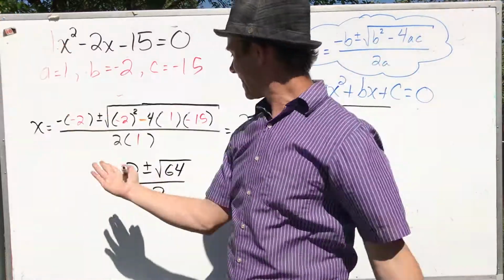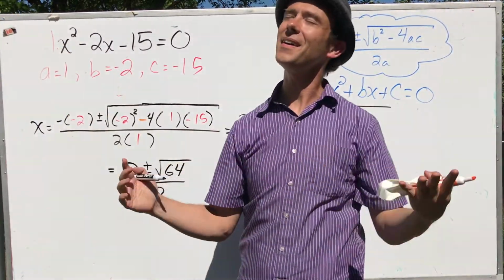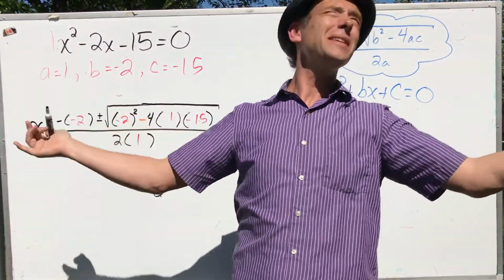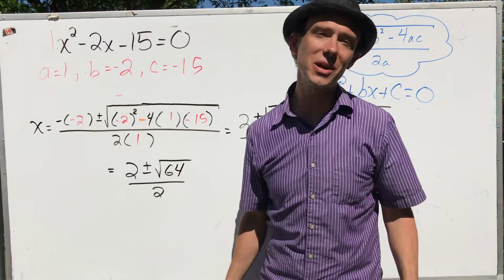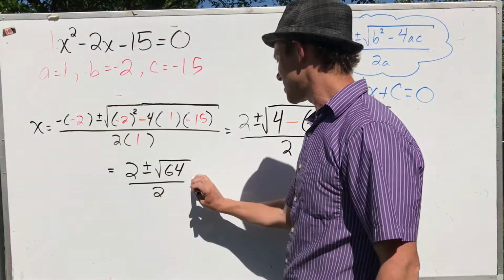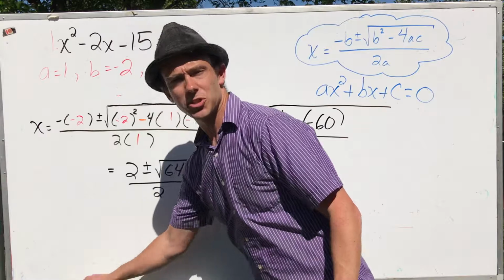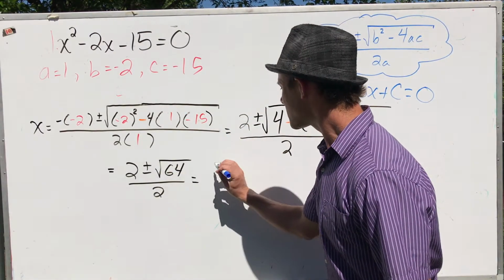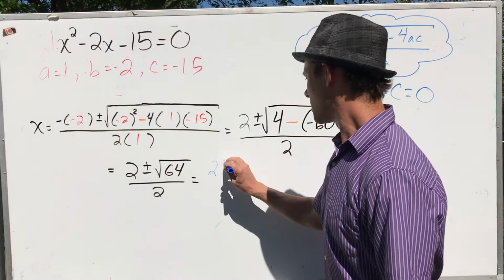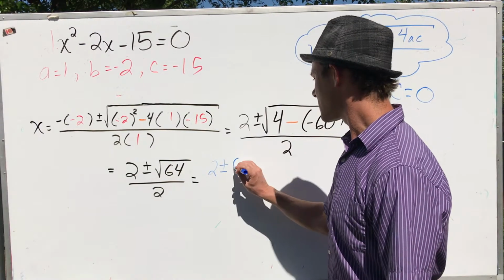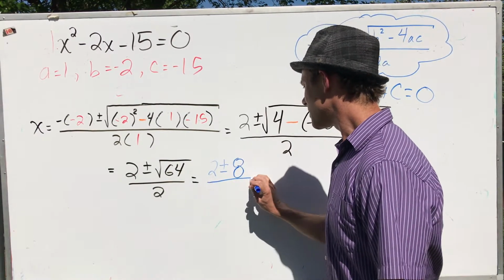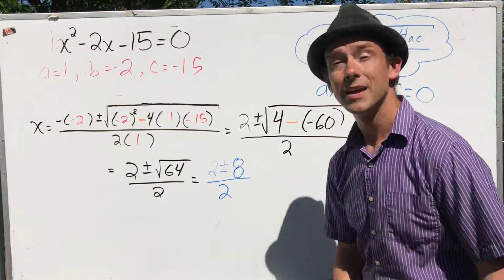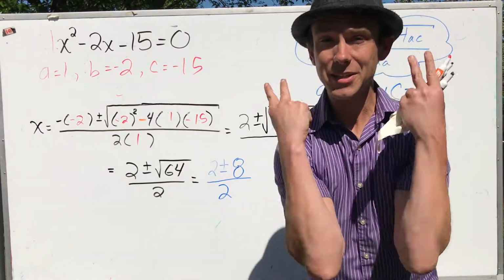Yes! You can see the skies open up. That's a perfect square. So we're going to have ourselves some integers here today. I'm just going to switch to blue, just a little break of the color here. So we're going to have 2 plus or minus 8 over 2. So the key is you've got two answers here.